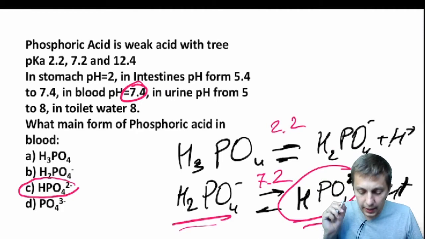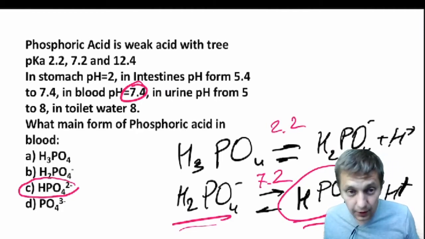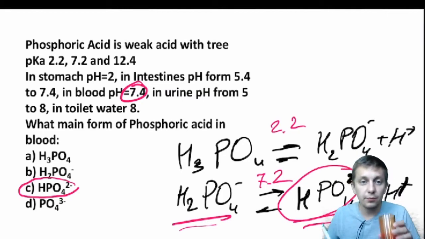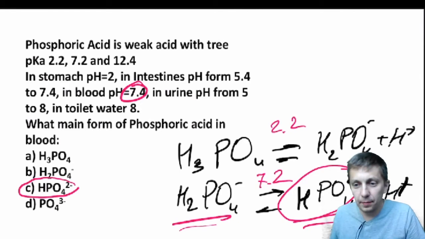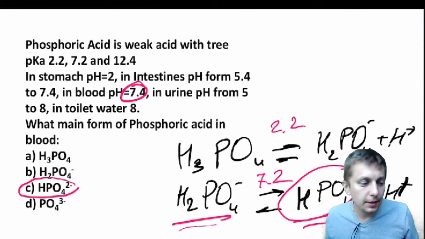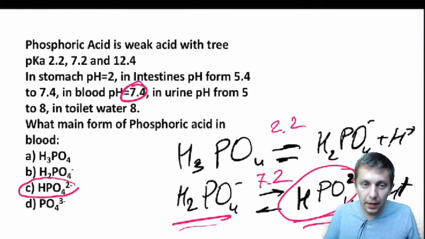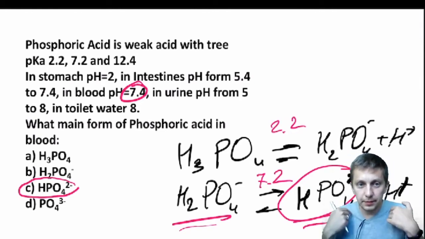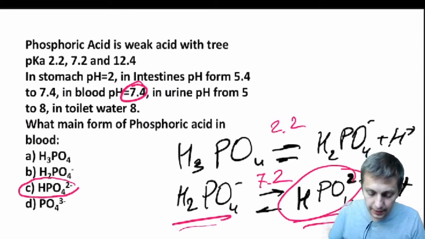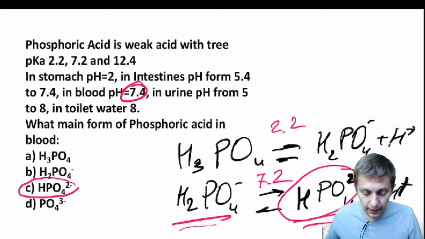So in my blood, for example, do you remember a couple of minutes ago I drank a half cup of cola. So part of this cola is now in my blood and exists as HPO4 2 minus, its major form.